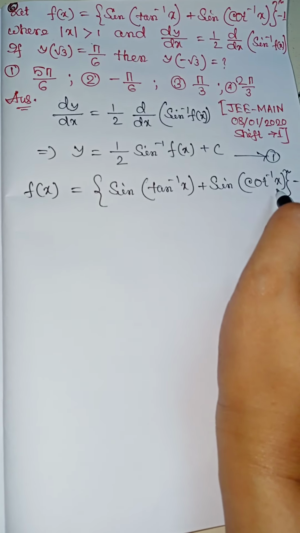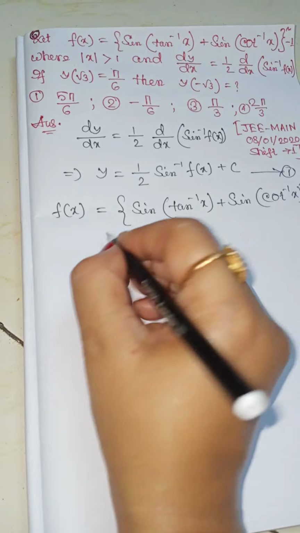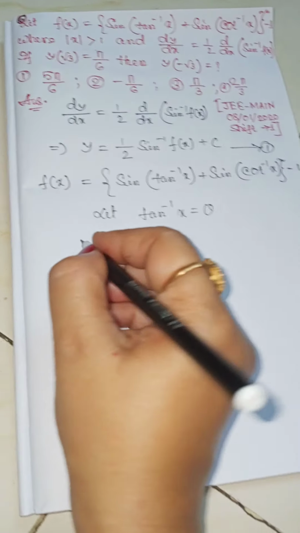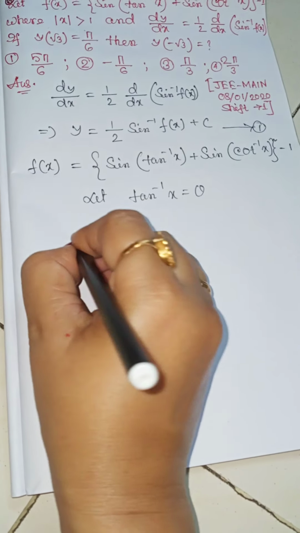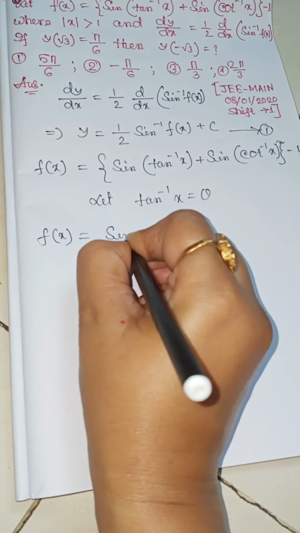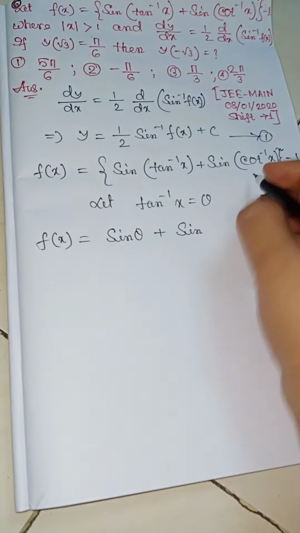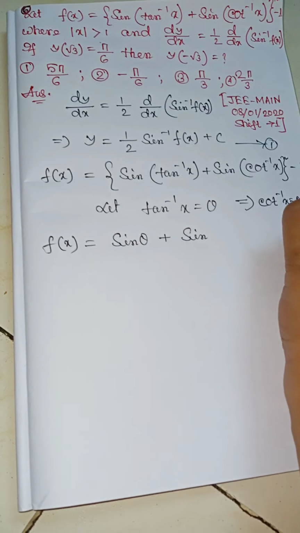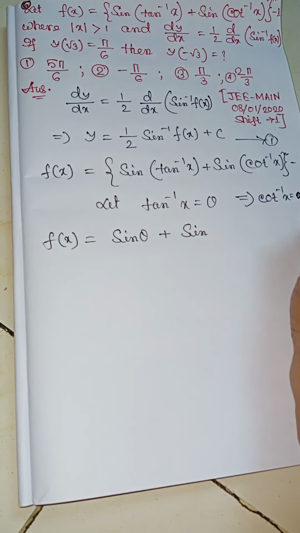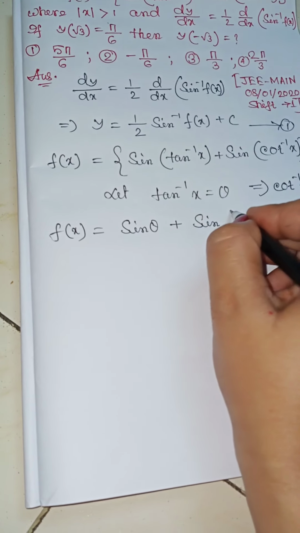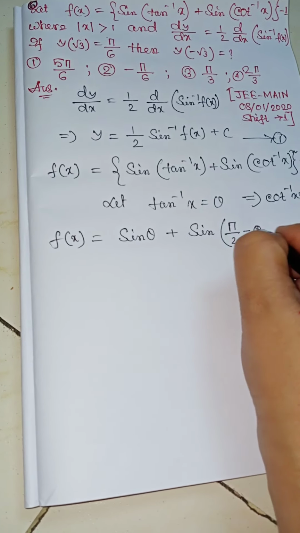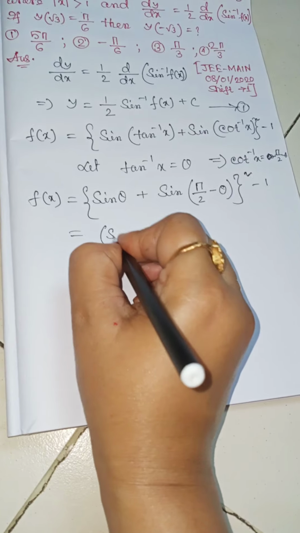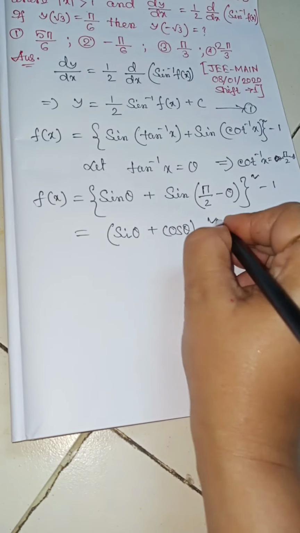We know cot⁻¹x = π/2 − tan⁻¹x. So let tan⁻¹x = θ. Putting this in the equation, f(x) becomes (sin θ + sin(π/2 − θ))² − 1, that is (sin θ + cos θ)² − 1.